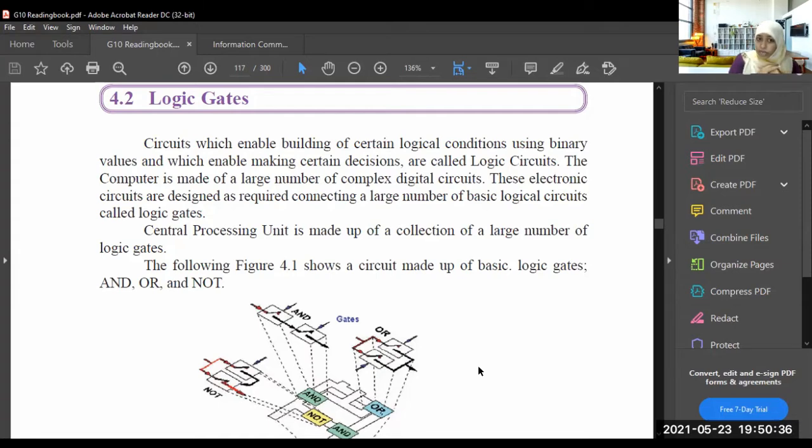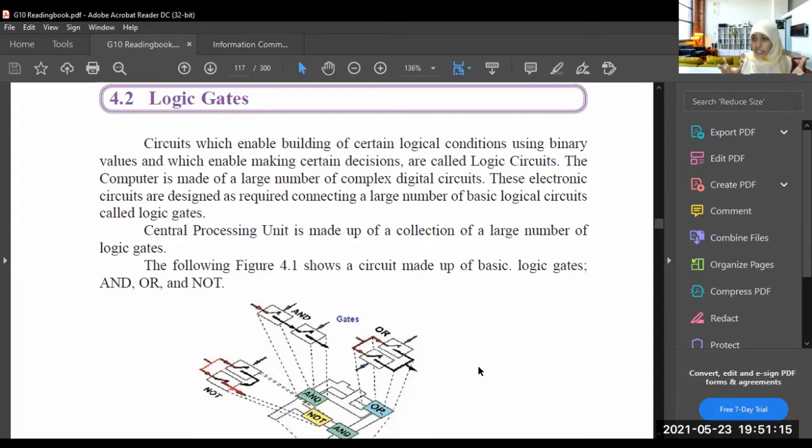The computer is made of a large number of complex digital circuits, right? If you open the computer, inside there is a circuit, and on that circuit there are various complex digital circuits. Complex means it is hard to understand. These electronic circuits are designed as required, connecting a large number of basic logical circuits called logic gates.